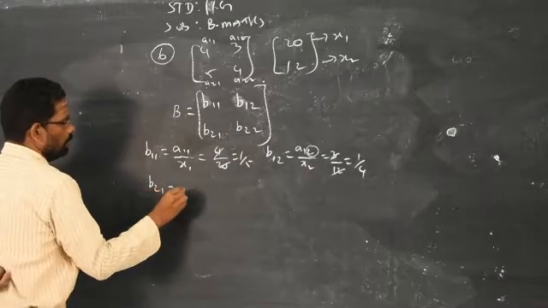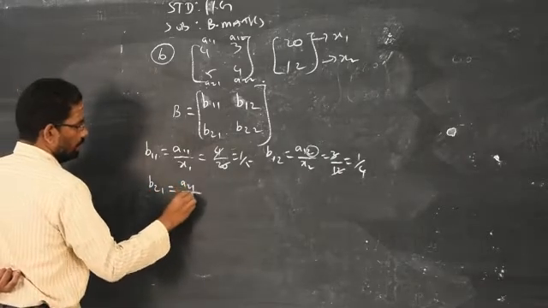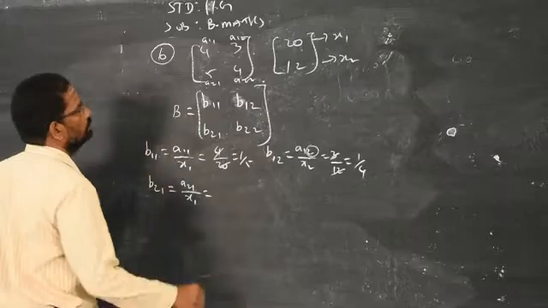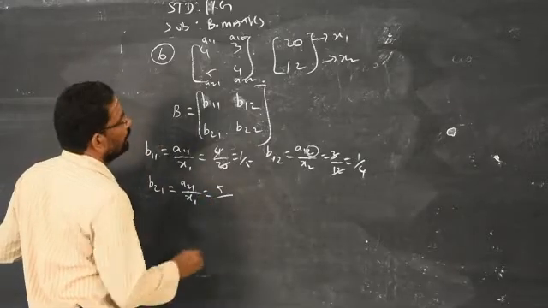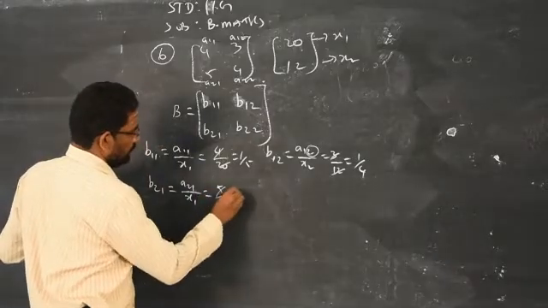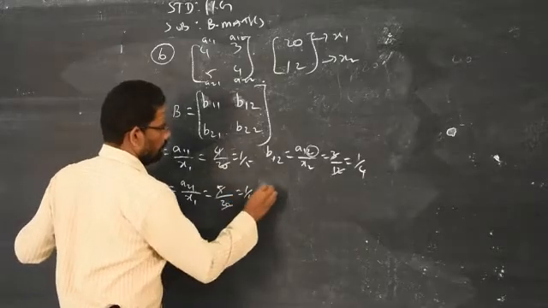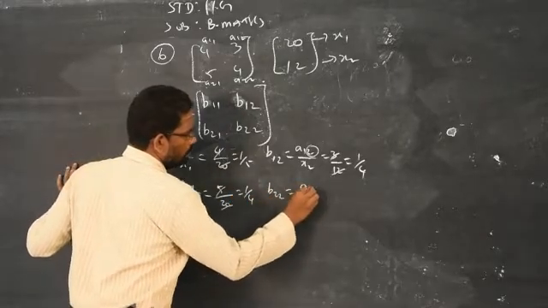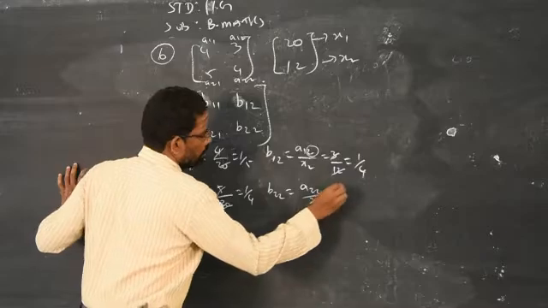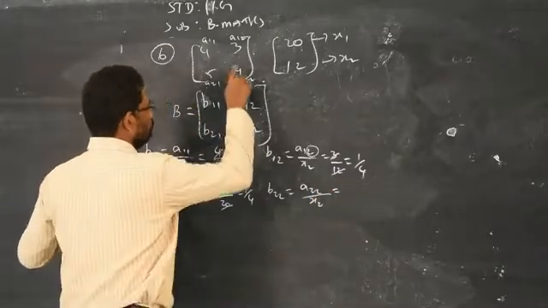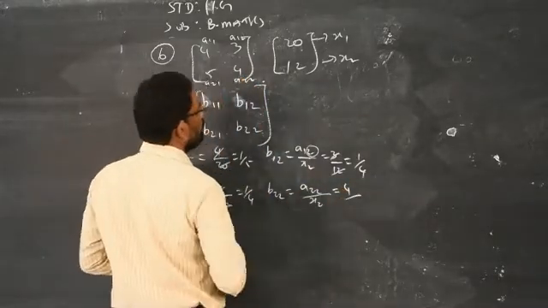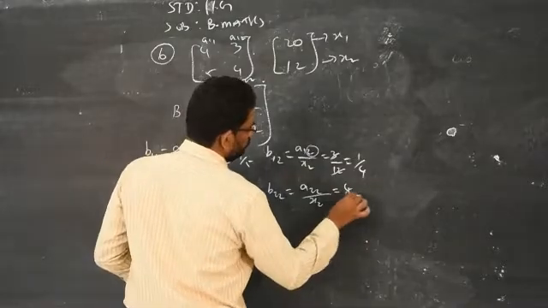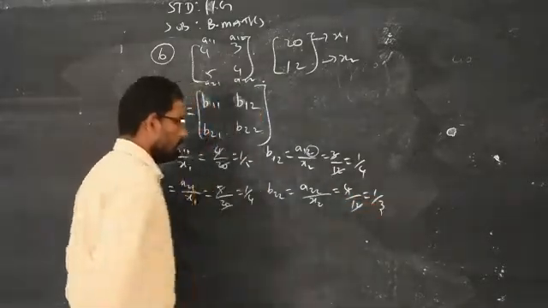Then B21, that is A21 by X1. What is A21? 5. X1 is 20. Simplify, you will get 1 by 4. Then B22, A22 by X2. What is your A22? 4 by 12. Answer is 1 by 3.